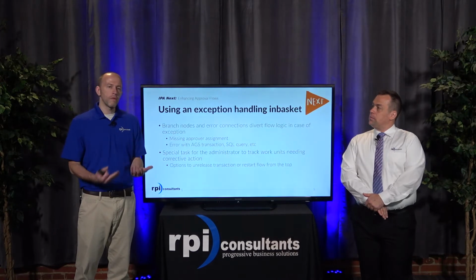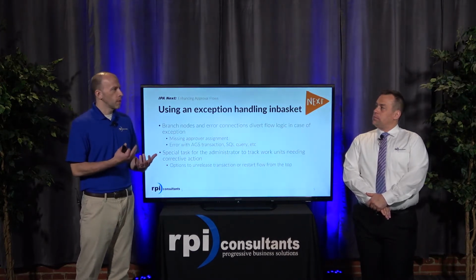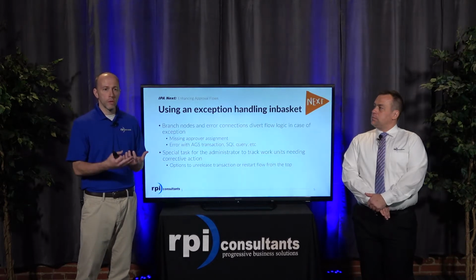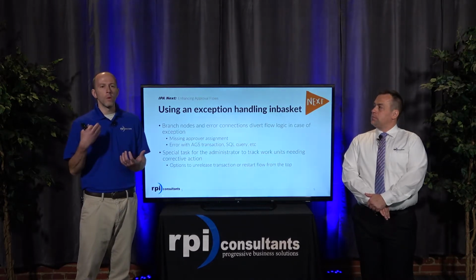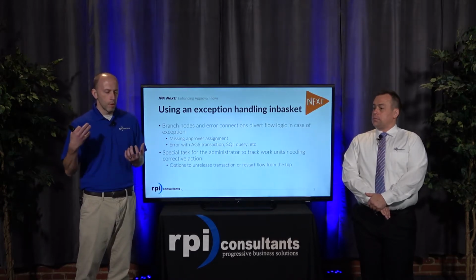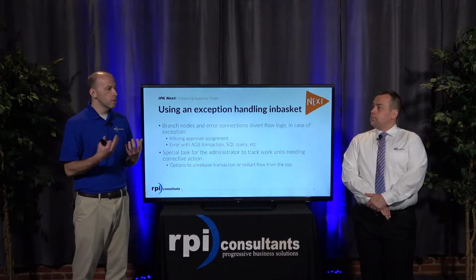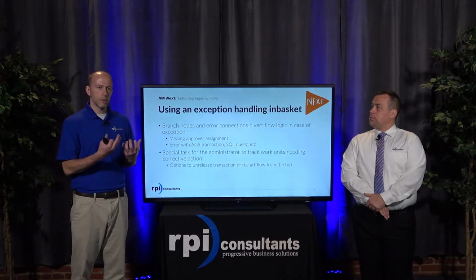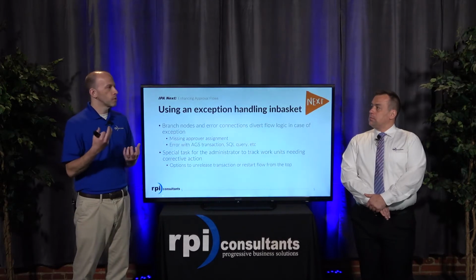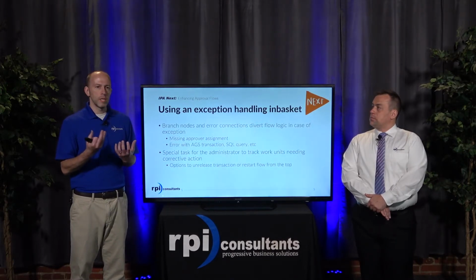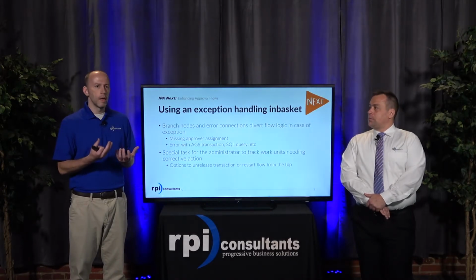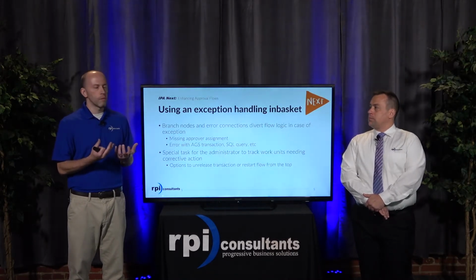When you've got approval flows running through the approval process, and there's an AGS transaction error or a problem with a SQL query or an issue with the database, you can build into these flows the ability to capture those errors and divert them to an administrative task. Those are the typical types of errors that we see that interrupt an approval flow.